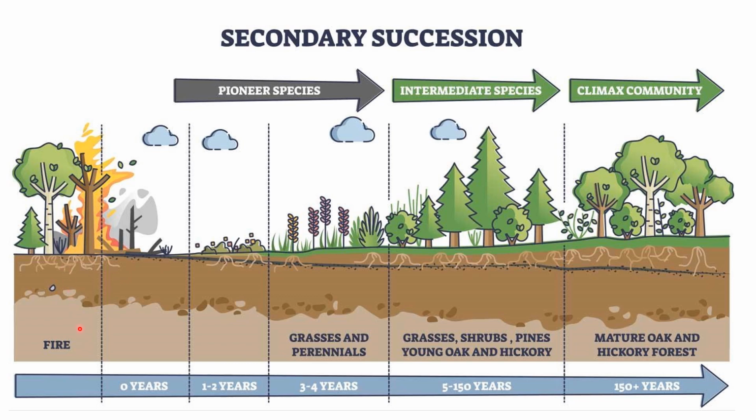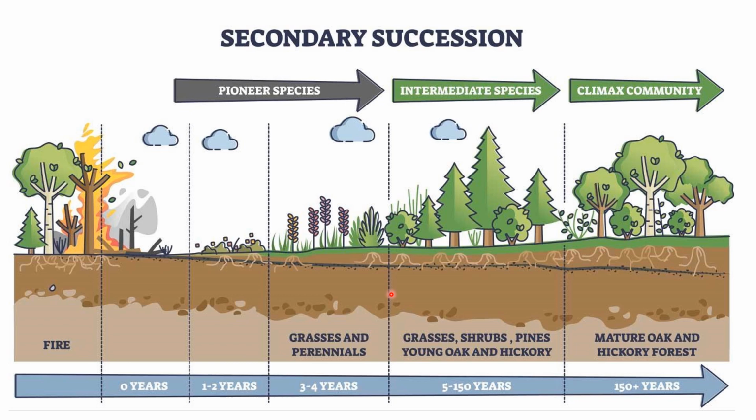In the first stage, some of the plants get fired, so they become destroyed, and some nutrients get into the soil. After a few years, 3 or 4 years, we get grasses and perennial plants.